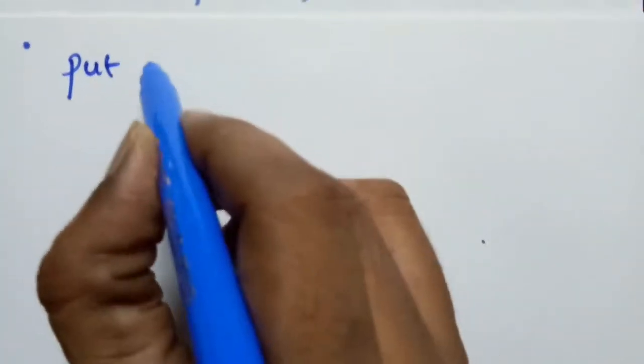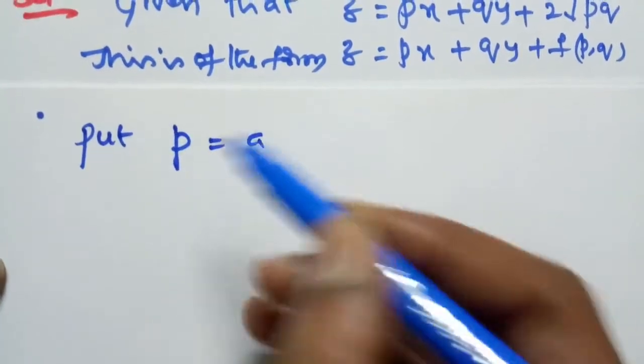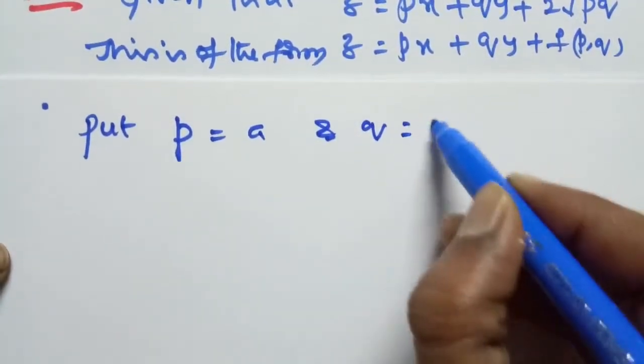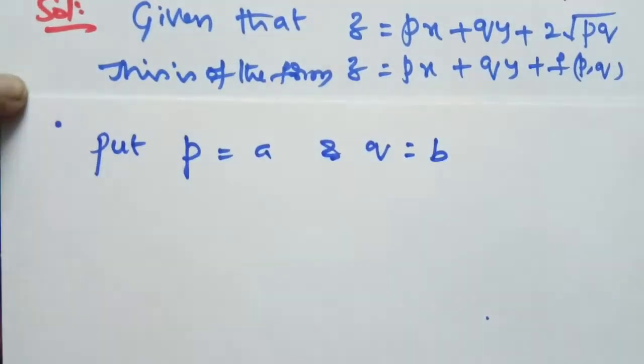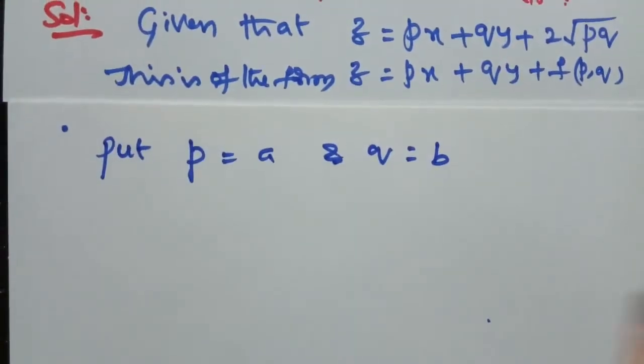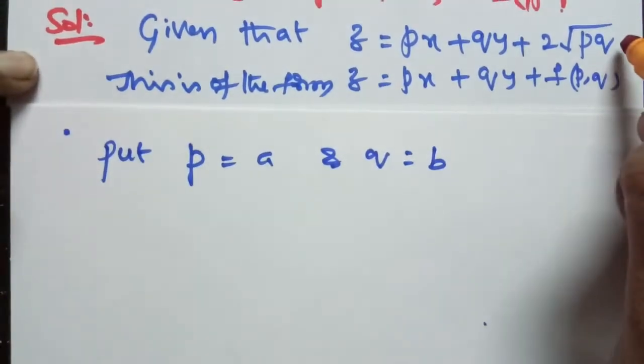Put p is equal to a and q is equal to b. Say this is equation number 1, the given equation.